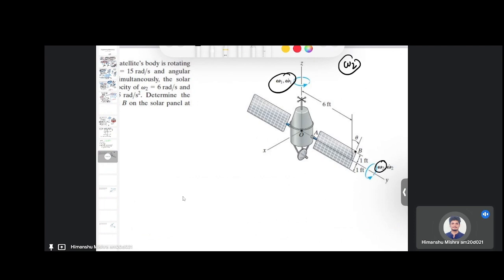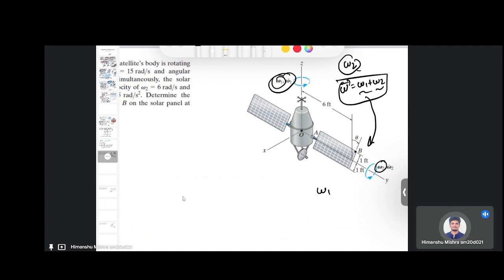Since we have been given another angular velocity of the satellite, the resultant rotation of the solar panel will be omega 1 plus omega 2. This is what we have seen in the previous two questions as well.